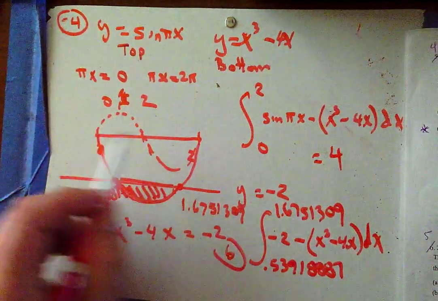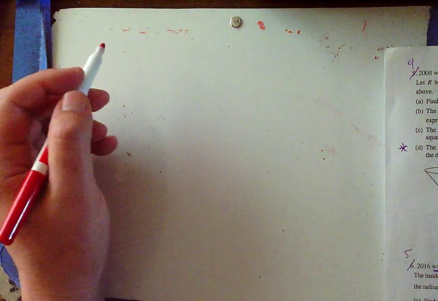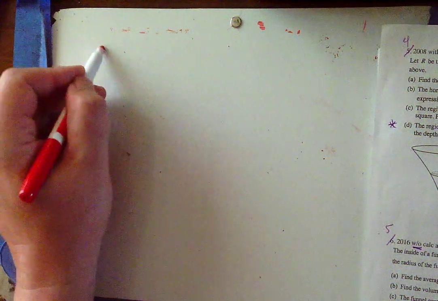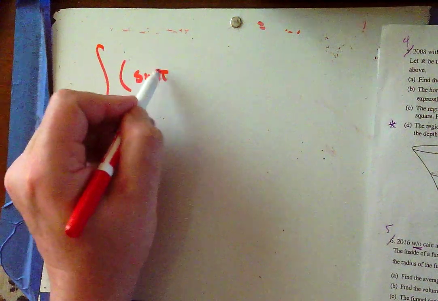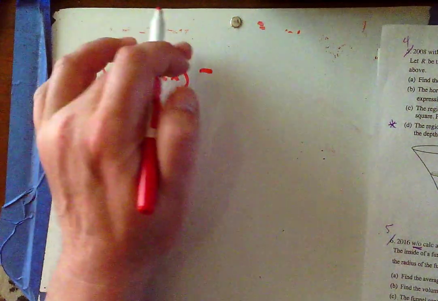Here's part A for number 4. Let's take a look at part C for number 4. The region R is the base of a solid. Cross-sections perpendicular to the x-axis are squares. Find the volume. Well, that's just going to be that top function, sine of pi x squared. No, it's not.